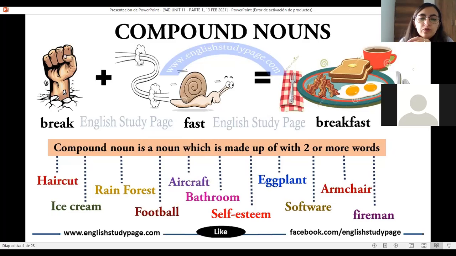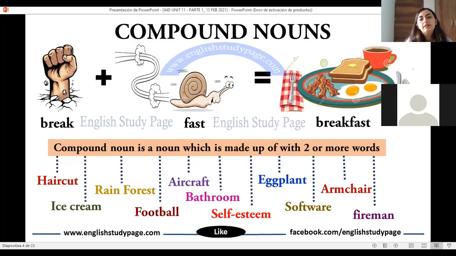So you're going to see that in English, there are thousands and thousands of compound nouns, and you have been using them before. Sí, ya hemos utilizado un sinnúmero de estos compound nouns sin siquiera darnos cuenta. Okay, even since first level, you have been using these compound nouns.